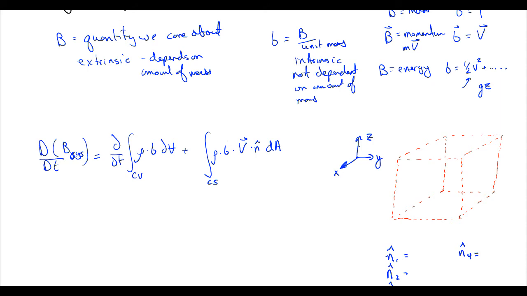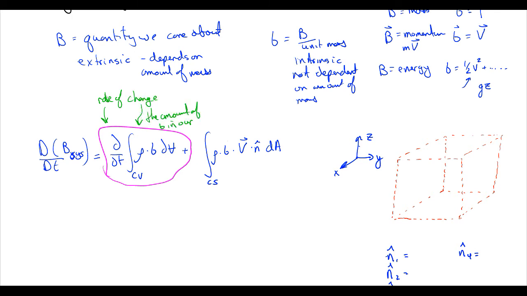This part right here is the rate of change, so the ddt of the amount of B in our CV.